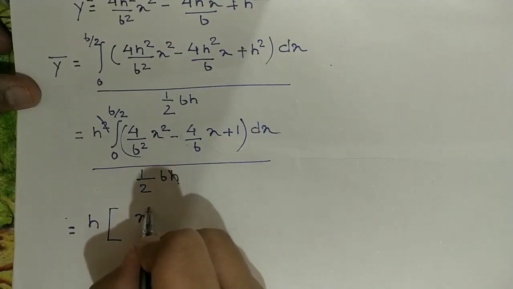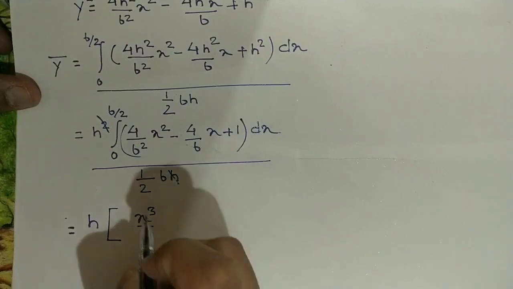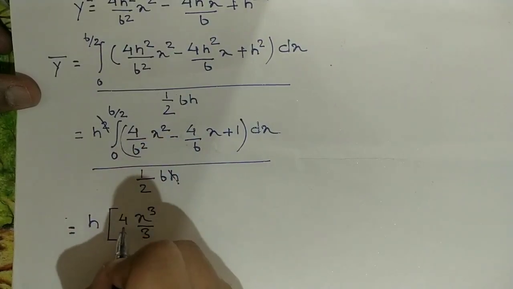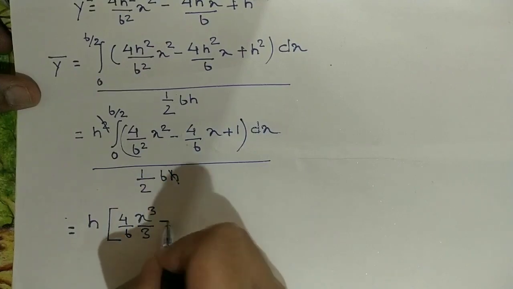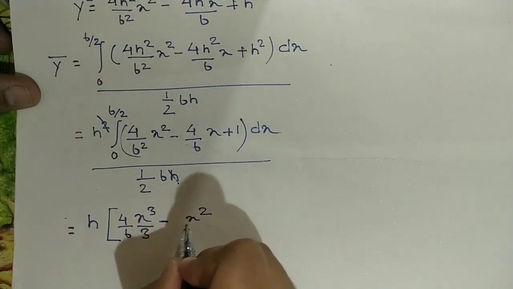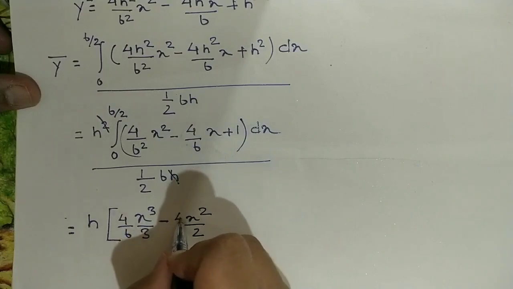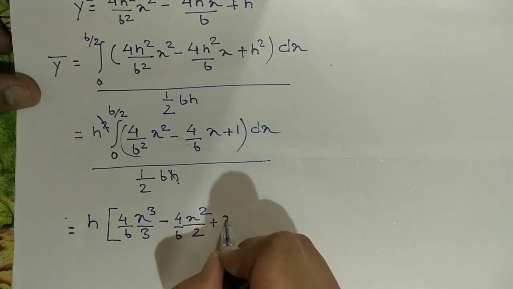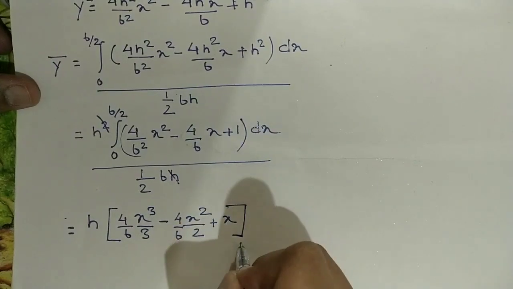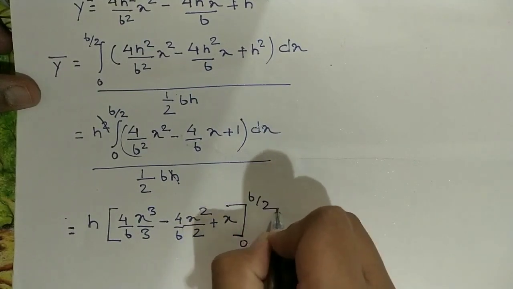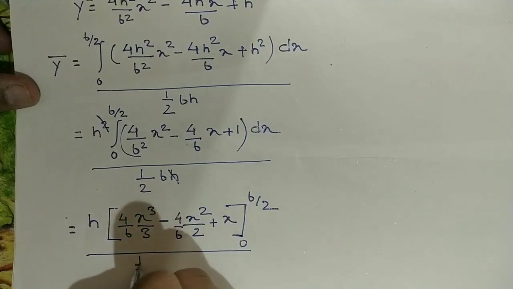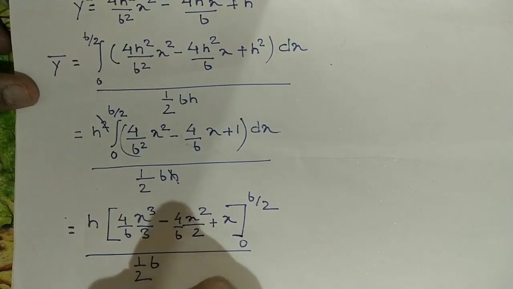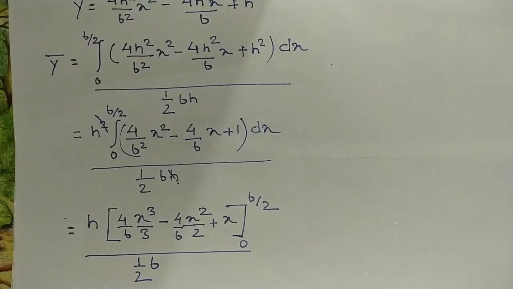So the integration of x square is x cube by 3, and 4 by b square is already there, minus integration of x is x square by 2, and 4 by b is already there, plus x, and the limit was from 0 to b by 2, and in denominator it is half times b. Okay, so let us check. Okay, everything is okay.